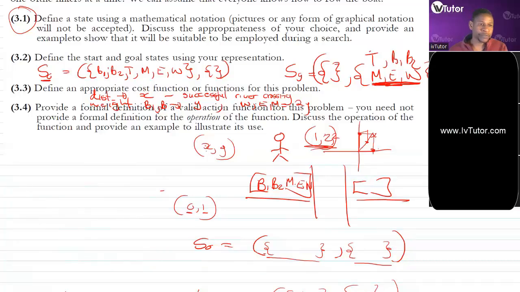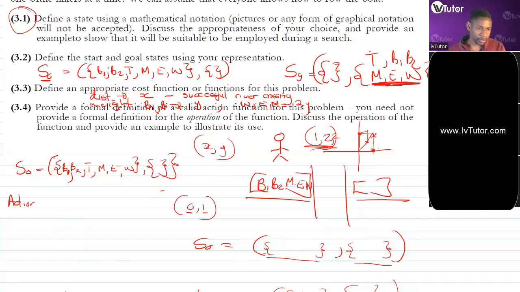So provide a formal definition of a valid action function for this problem. So we want a valid action. What would be an action? An action, we're saying, if you are in, say, state S naught, you've got B1, B2, T, M, E, W. What actions can you do? Applicable actions are either BB or one adult.